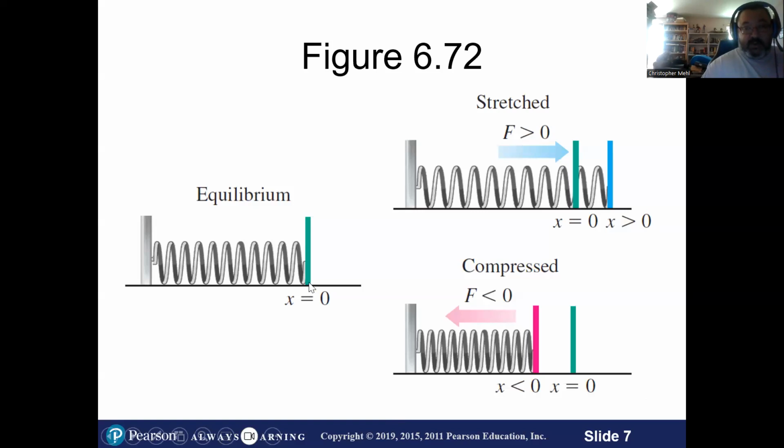If I'm going to stretch it to 0.1 meters, it's going to take me 10 newtons to do that. So the spring constant in this case is 100. Well, now I want to compress the spring. And so that means I'm applying a negative force to achieve a negative displacement, x less than 0.